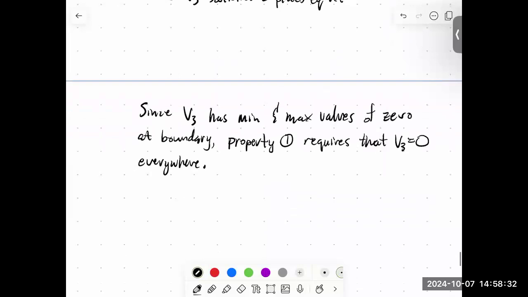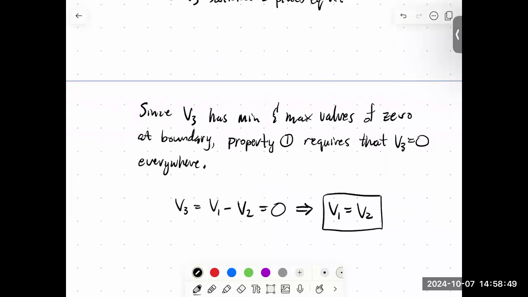Okay, but we built V3 by saying it was the difference between V1 and V2. And now we're saying that V3 has to be zero. And so that implies that V1 is equal to V2. And so the solution is unique. We can't construct a second solution.